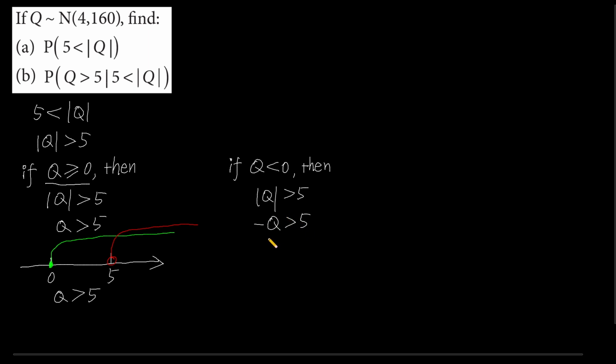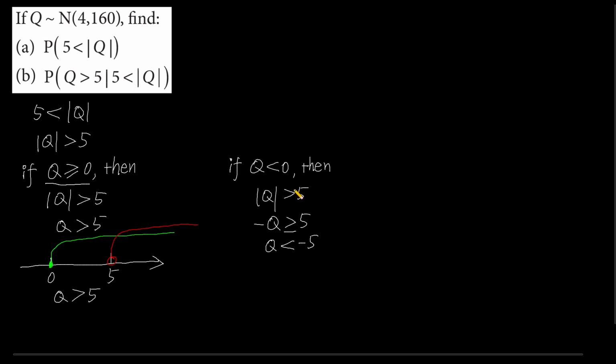So the left side multiplied by negative 1 equals Q. And here, when we multiply a negative value on both sides, we need to change the sign. So we change the sign to this way. And then 5 multiplied by negative 1 equals negative 5. For this case, the condition is Q is smaller than 0.